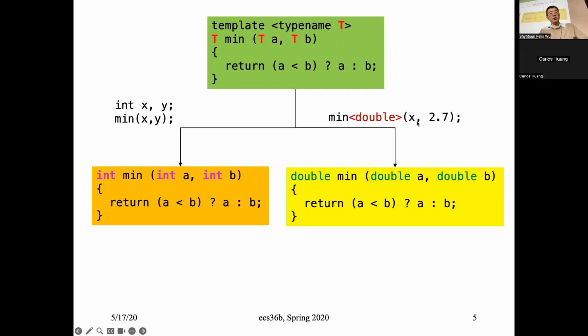And these two numbers, this X and 2.7, are parameters to the function generated by the template at runtime. So you actually have three parameters when you look at this. The first parameter, between the smaller than and greater than, is the parameter passed to the template itself.